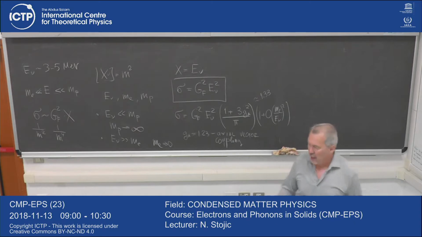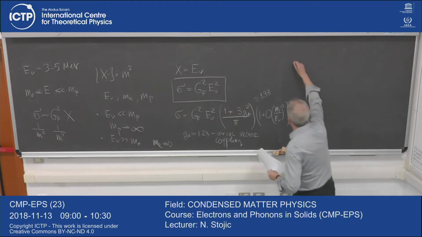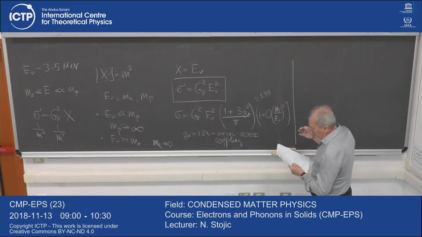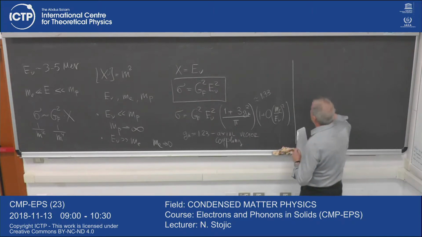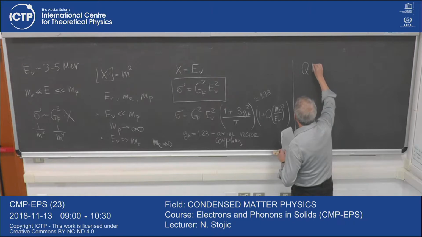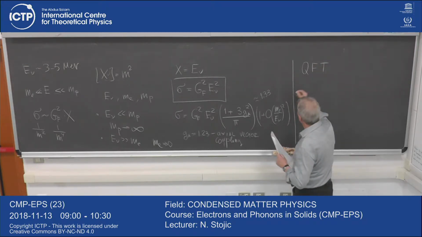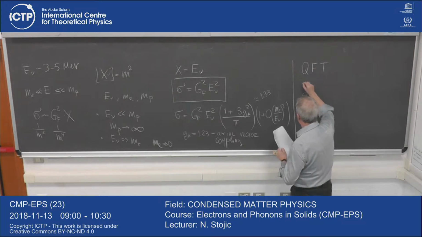And let me make a general comment of the following type. What we are doing is the following in quantum field theory. In QFT, we start from Hamiltonian or Lagrangian.